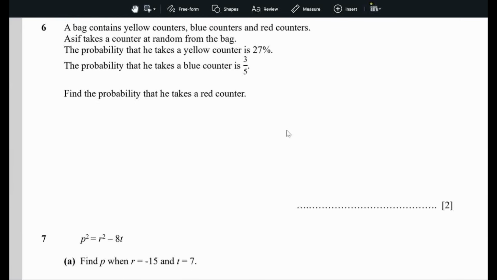Now in question number 6, a bag contains yellow counters, blue counters and red counters. Asif takes a counter at random from the bag. The probability that he takes a yellow counter is 27%.